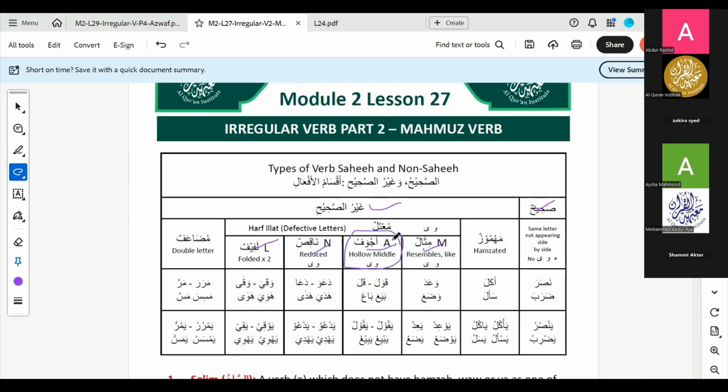So ajwaf in Arabic literally means hollow, because the middle root letter, or the second radical of the root letters, is weak. So here we have qawala, the second radical, the middle root letter, is weak, waw. And in this, baya'a, ya.